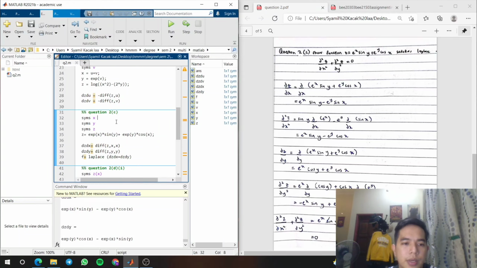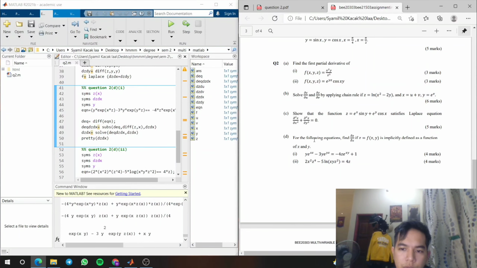For the software, like usual, we define the function xyz and we put the equation here, and then differentiate this for double x because this is the second derivative, and double y because second derivative, and Laplace to satisfy the Laplace equation. If I run this, I got the same answer here, 0. This is the answer, 0.